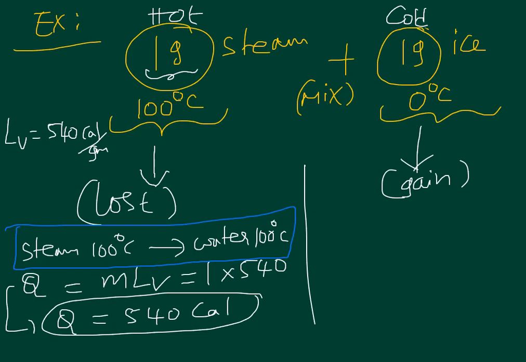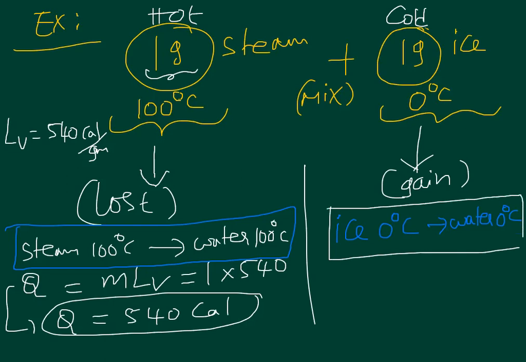Now let us go for the second thing. Ice, 1 gram of ice at 0. If it gains heat, what will happen? Ice is initially at 0 degrees centigrade. Now it can convert to water at 0 degrees centigrade. The maximum temperature of ice is 0.